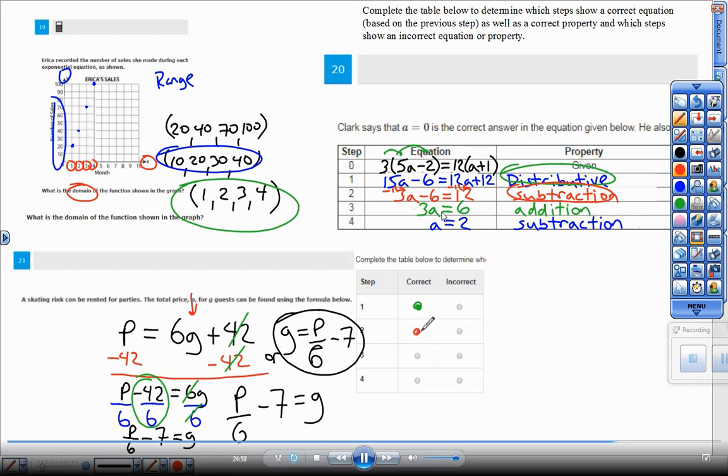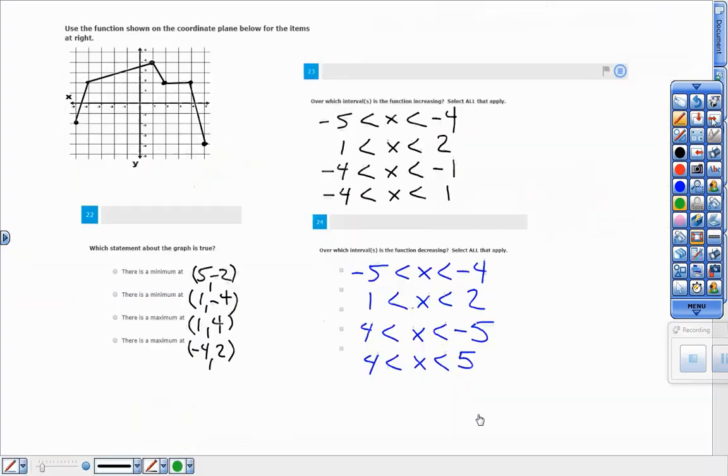Next step, adding 6, but on this side, subtracting 6. The math I did does not match this property. Incorrect. And then my last one, dividing by 3 to get that 2, but this does not say division. That would be incorrect. If it had said division right there, it would have been correct, but it does not say that. It says subtraction. Incorrect.